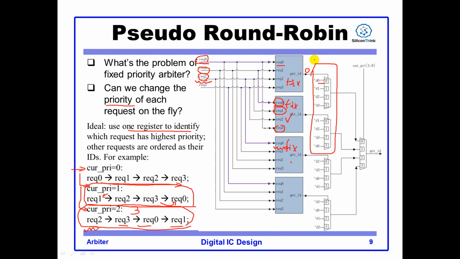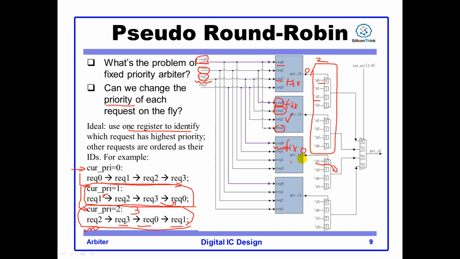If this gives 2, this signal is grounded, so the actual request is 2. There is no problem. And for this one, if the output here is 0, that is request 0 is grounded, and it's actually connected to request 2. So 0 will select 2.